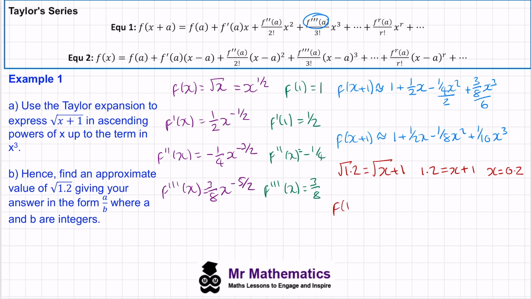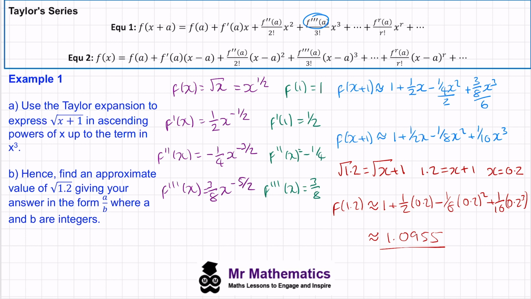So f of 1.2 will be approximately 1 plus a half minus 1/8 of 0.2 squared plus 1/16 of 0.2 cubed. And we can work this out on our calculators, and we get f of 1.2 is approximately 1.0955.